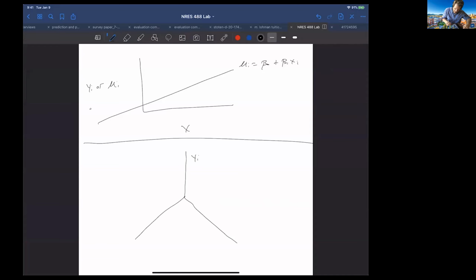But now we have x1 down here and x2 down here. And the equation mu_i equals beta 0 plus beta 1 x1 plus beta 2 x2 is actually the equation of a plane. It's not the equation of a line.